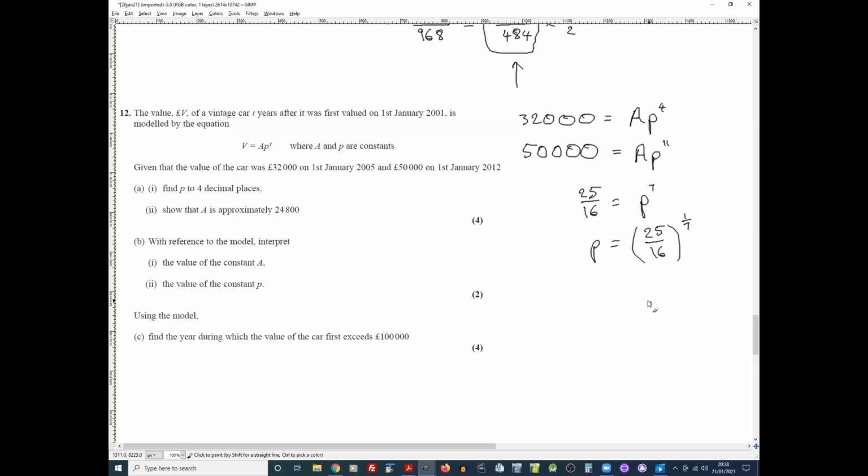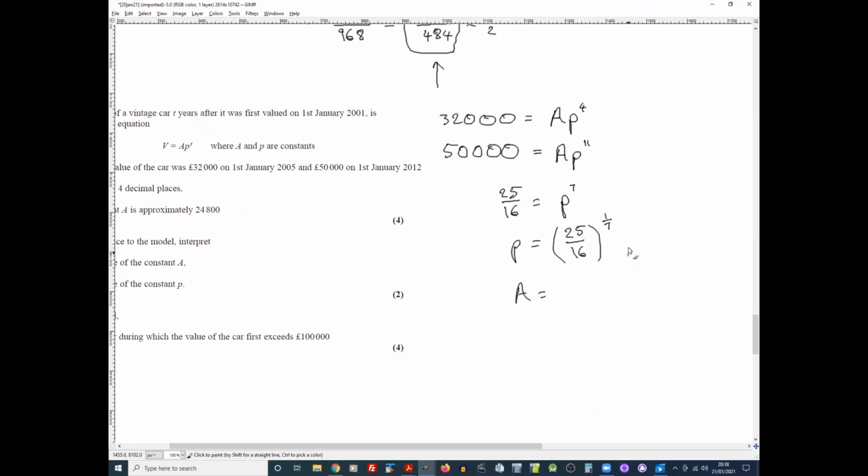Whatever that is, it's not the nicest number. They want P to 4 decimal places, so P equals 1.0658.